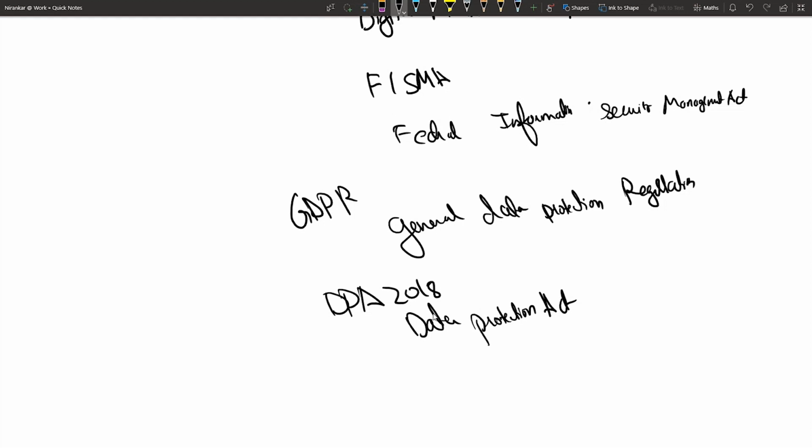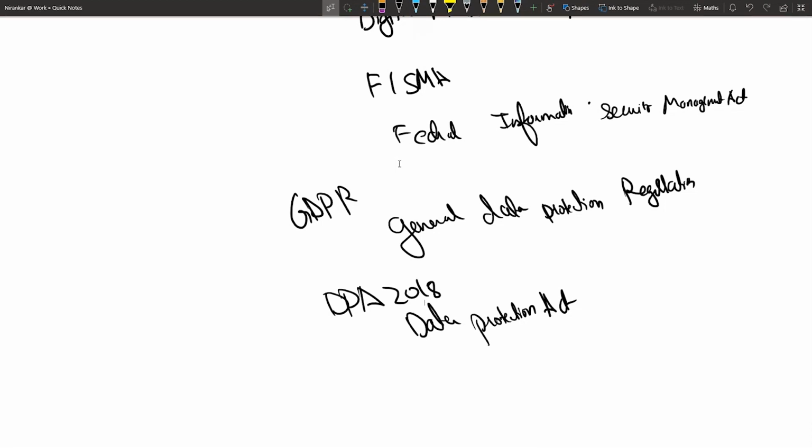And DPA is an act to make provision for the regulation of processing of information relating to individual, making provision for, in connection with the Information Commissioner functions, and this like protect individual concerning data and personal data that are required by the person like laws to be processed.